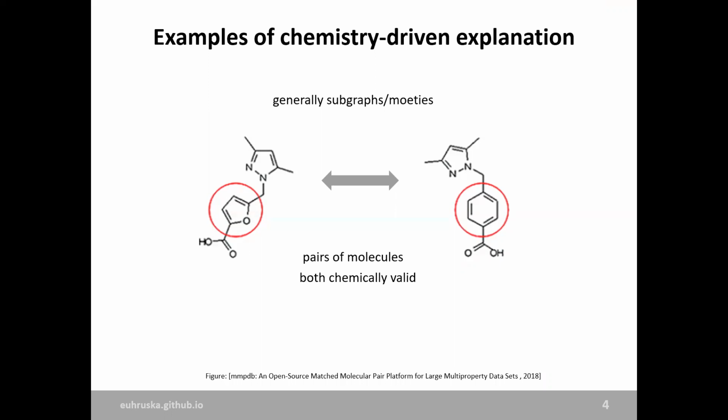But the common part here is that both molecules, before and after the change, are chemically valid, and there are no radicals or partially removed atoms. So chemical validity is a property which is central to chemistry-driven explanations.